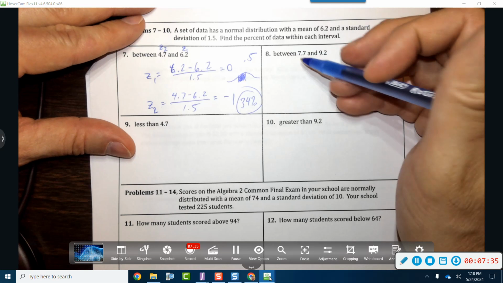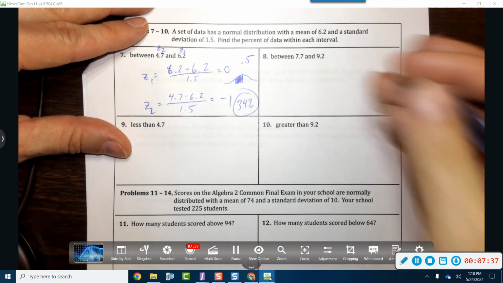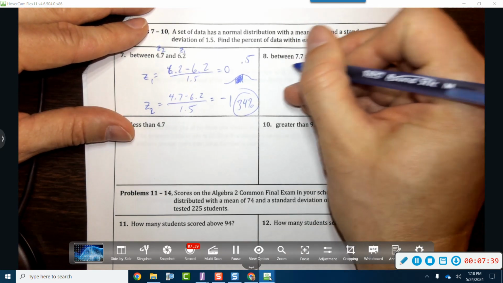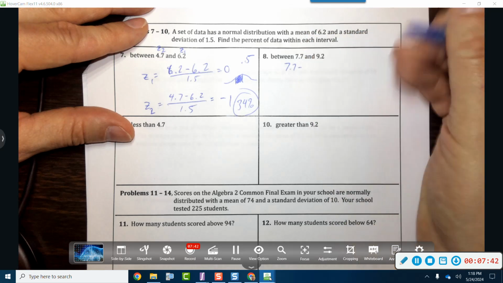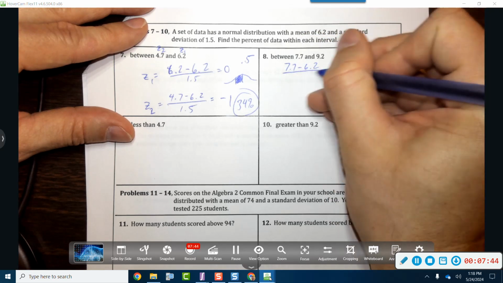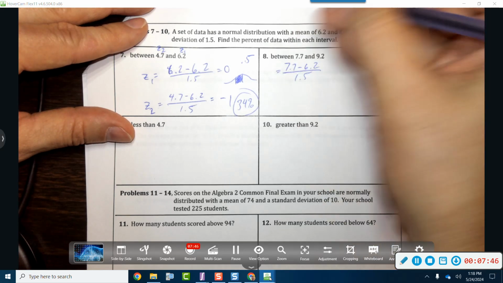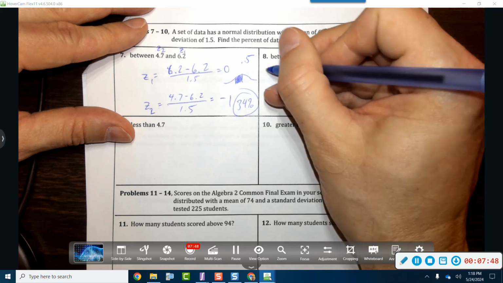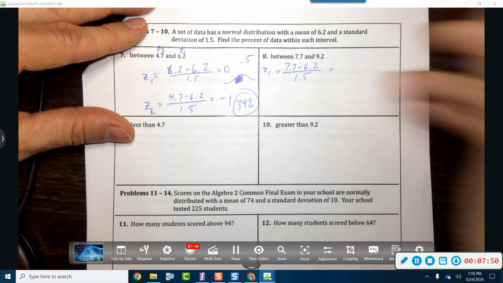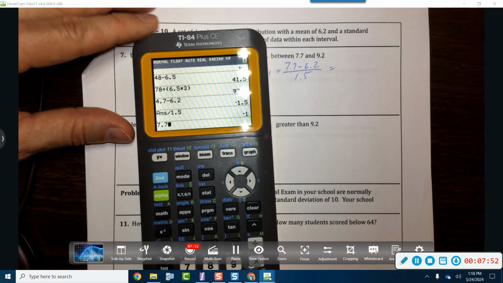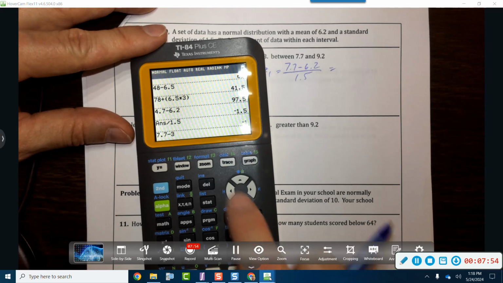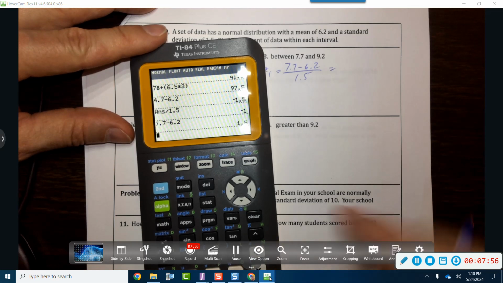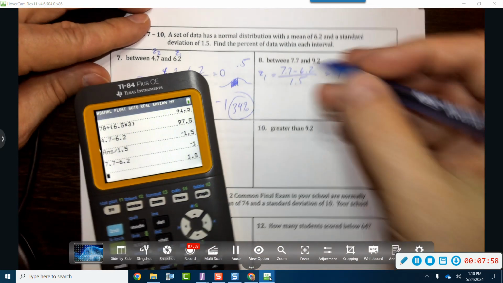How about between 7.7 and 9.2? Okay, well, let's calculate those. 7.7 minus 6.2 over 1.5 will be our first z-score. That's going to be positive 1.